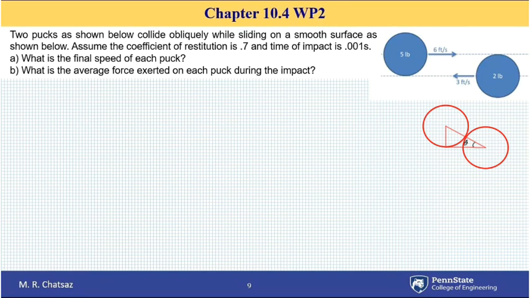So if I draw the n-t coordinate system, let's show this line as the common normal line, and let this be the t direction, perpendicular to it. So this is the common tangent plane. Let's label this as t and this direction as positive n.